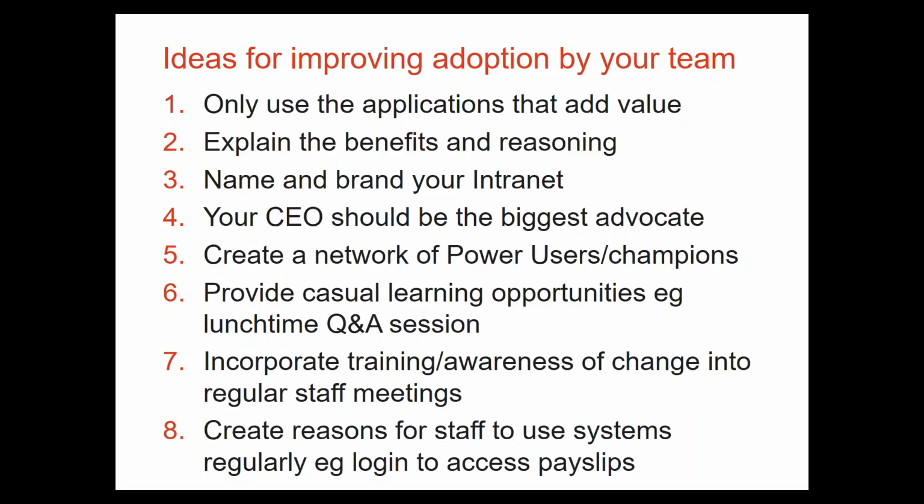So again, it's picking the things that add value to your organisation and explaining the benefits and reasoning to staff. There's no point just saying, yep, we're using SharePoint, here you go. It's more about, hey, this will add value and save you time and allow you to collaborate with your teams and store things, have a single source of information so you're not replicating. It's solving one of the problems that they have on a day-to-day basis.